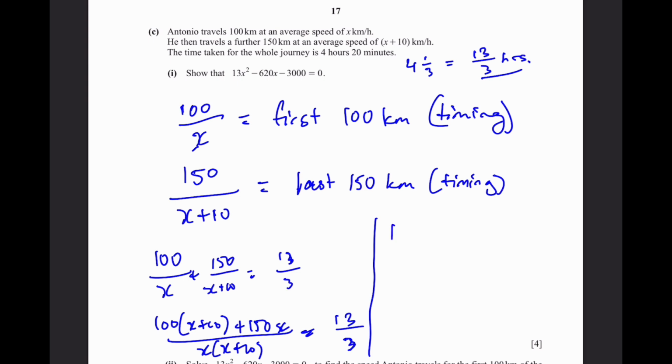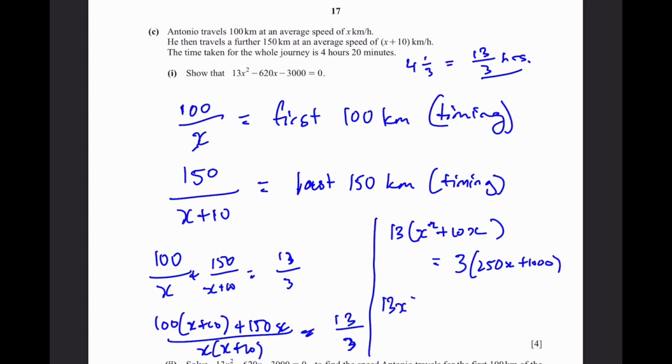So we can do 13 times x squared plus 10x, because we bring this over to this side, multiplying, is going to be equal to 3 times all of this, because we bring this here and multiply by this. This will be 100x plus 150x plus 1000. So 3 times 250x plus 1000, and that's equal to this.